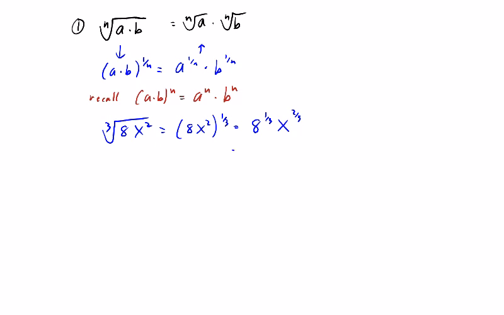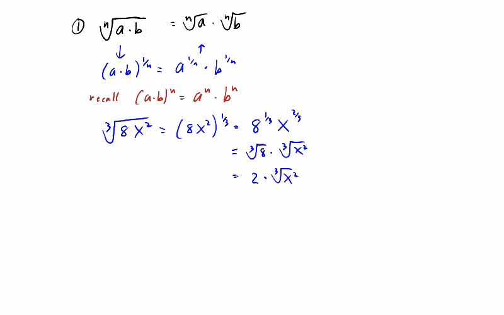We can rewrite 1/3 of a factor of 8 as the cube root of 8 times, and then using our notation we can say this is the cube root of x squared. But we don't want to leave the cube root of 8 as the cube root of 8. We obviously want to simplify that to the number 2, because 2 cubed is 8, so the cube root of 8 must be 2. So this gives us 2 times the cube root of x squared.